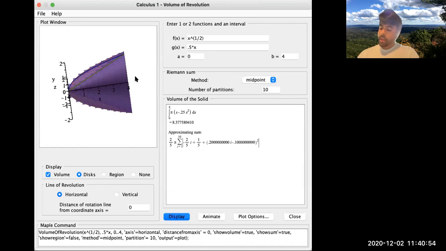I already know where they intersect. They intersect at 0, 0. This is 1, 2, 3, 4. This is 1, 2. This is y, this is x, and I know that they intersect here, right?